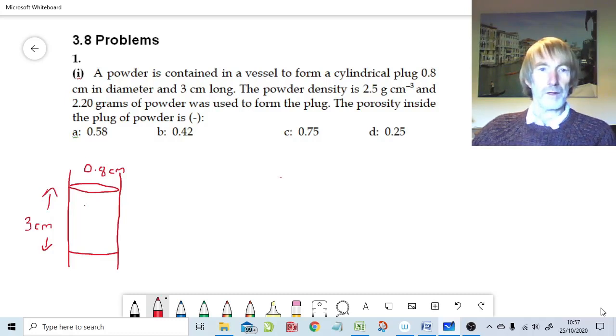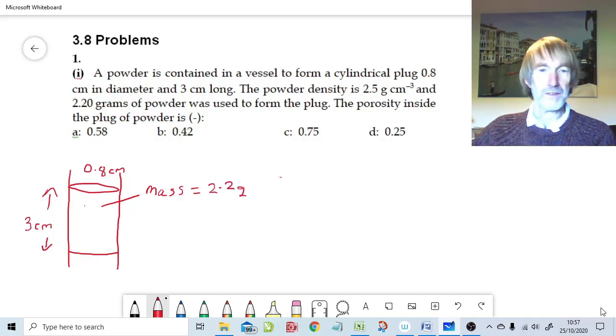What else do we know? We know that the mass of the powder in the plug is equal to 2.2 grams.